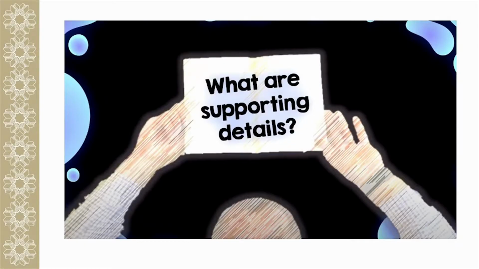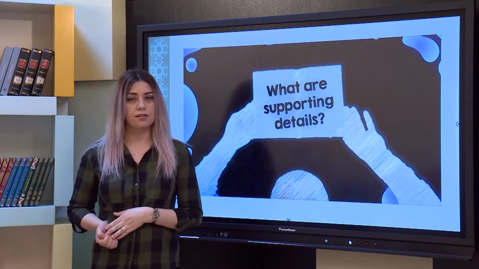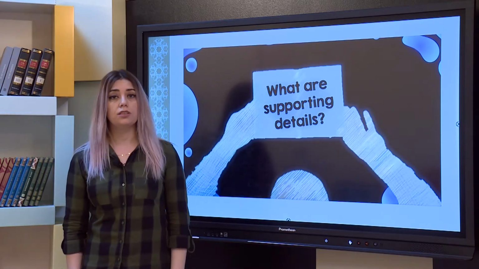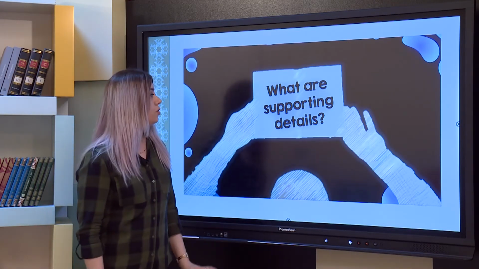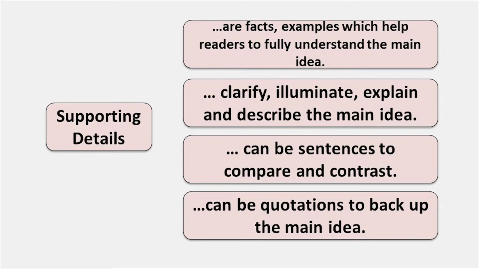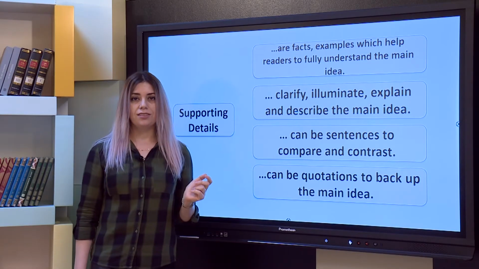In order to understand the main idea, my dear students, we have to know what the supporting details are. In each paragraph, we have main ideas and supporting details. What is a supporting detail? Let's understand this. Supporting details can be a lot of things. I have put here some lists and let's look at them together to understand it better.